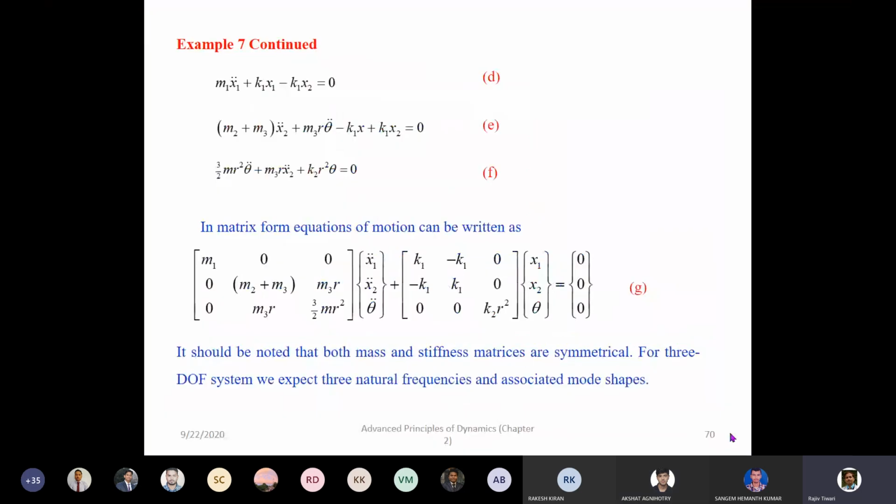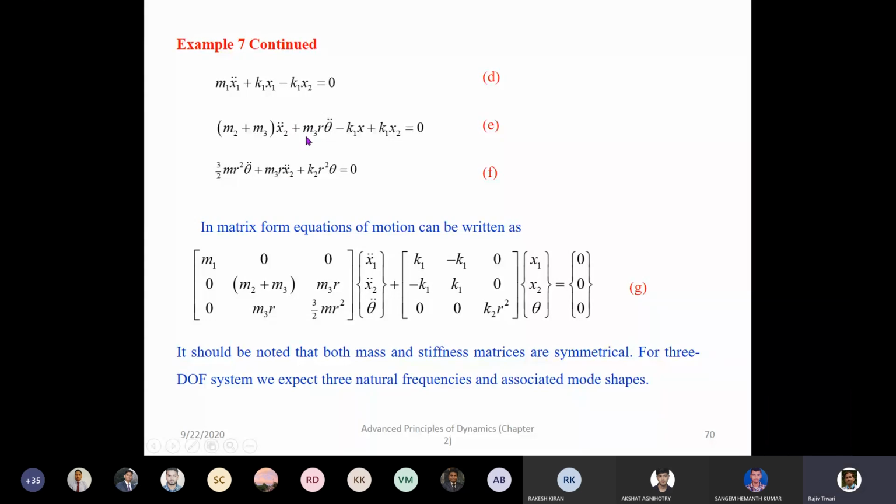When I'm saying x2 and theta are coupled in the mass matrix, that means if you see here, x2 and theta are there in the equation of motion here also. Okay, so they are coupled.